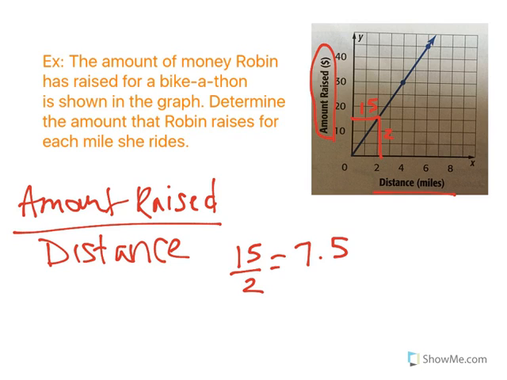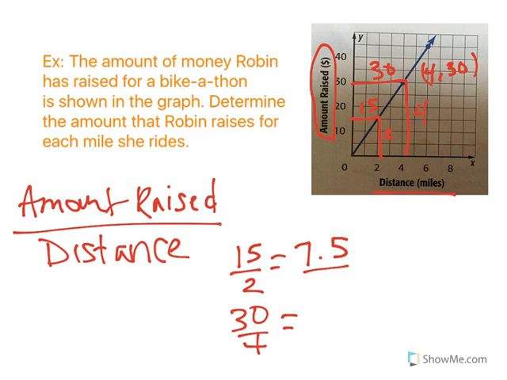We should always double check using our other values. Because it's constant, we should get 7.5 every time, but let's just double check. We have this point, 4, 30, so we can do 30 over 4.